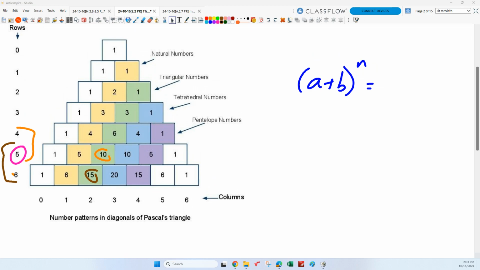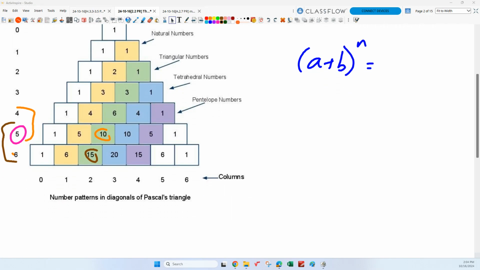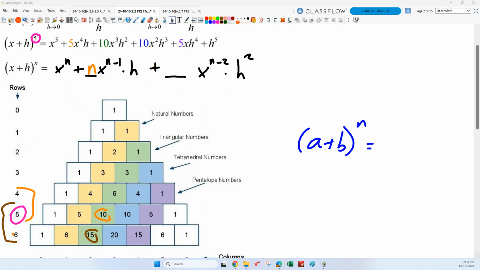We know we're using Pascal's triangle, and we were making some progress. We said if we went down to the nth row of Pascal's triangle, we always know that the first coefficient is going to be 1. It looked like the second coefficient corresponds to n, and you guys had just figured out a trick here.